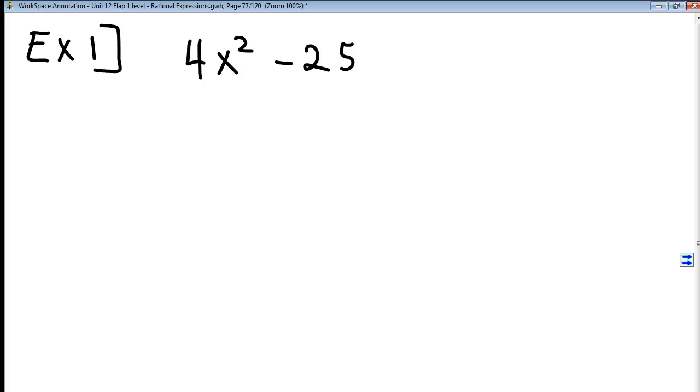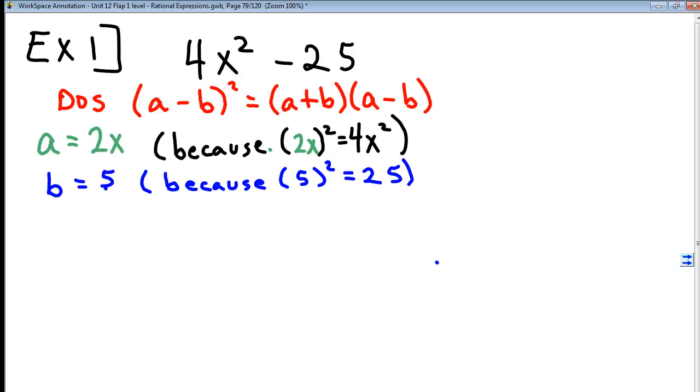Example 1. 4x squared minus 25. This is an example of difference of two squares. The formula, as given before, a squared minus b squared equals a plus b times a minus b.